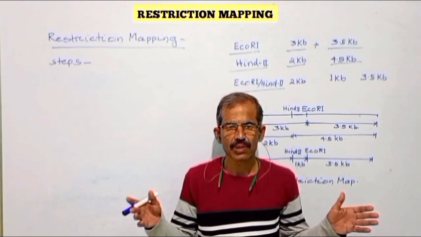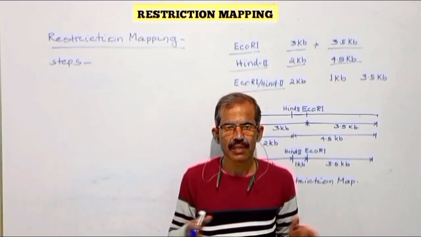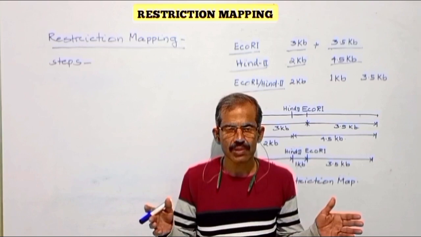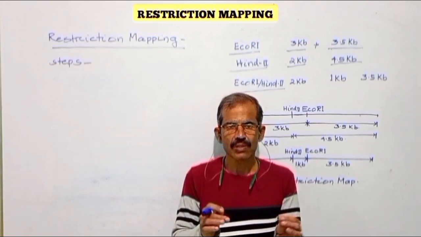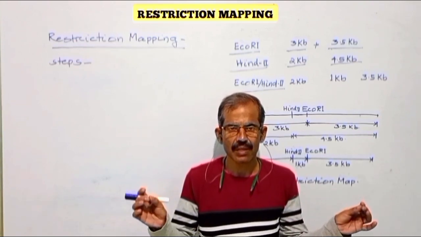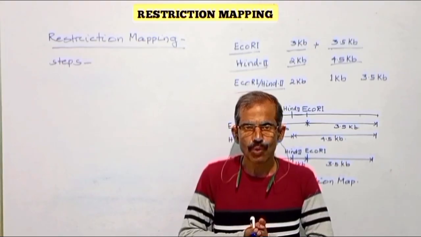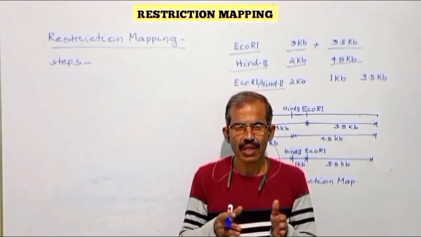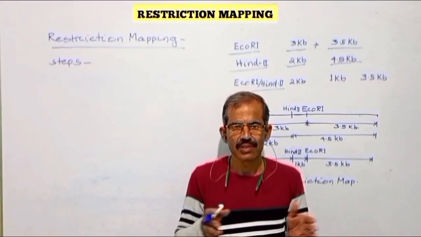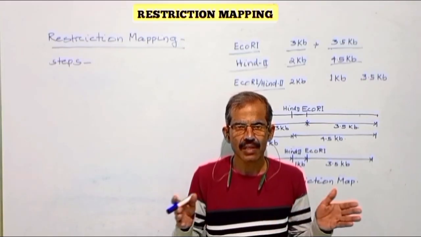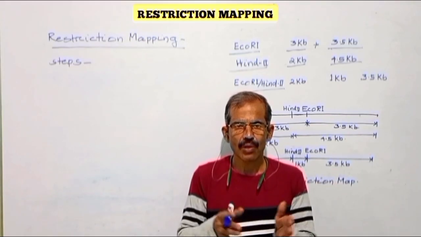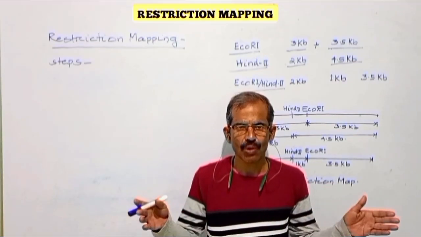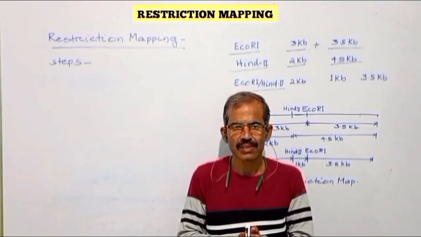Restriction mapping is a physical mapping technique which is used to find out the specific locations where restriction enzymes cut a DNA strand. We know that restriction enzymes, also known as restriction endonucleases, are enzymes that cut the DNA at or near specific sites known as recognition sites or restriction sites.